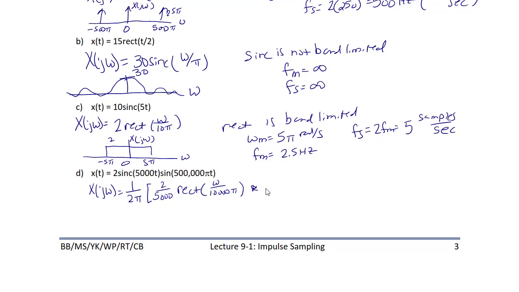convolved with j pi times the delta of omega plus 500,000 pi plus delta of omega minus 500,000 pi. And when you take the convolution, j pi divided by 2 pi times 2 over 5,000 becomes j over 5,000 times the quantity.